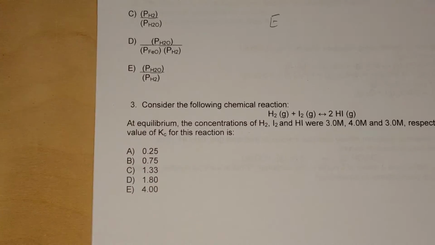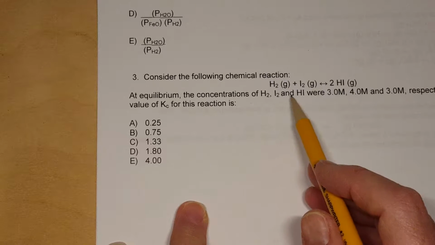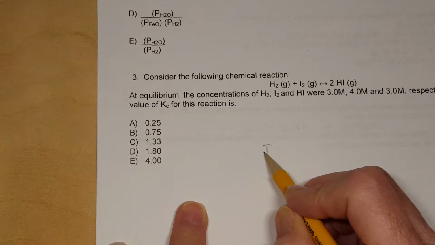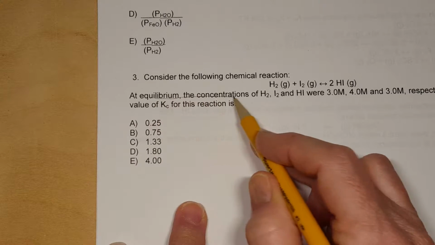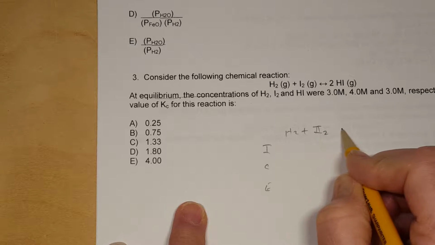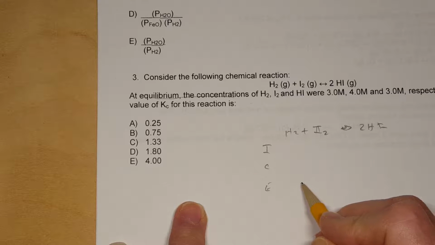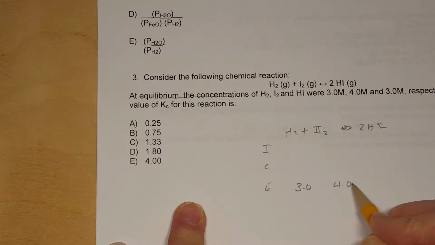Number 3, consider the following reaction. At equilibrium, the concentrations of H2, I2, and HI were 3, 4, and 3 respectively. So if we were to consider an ice table, these are the equilibrium amounts: 3 molar of H2, 4 molar of I2, and 3 molar of HI.